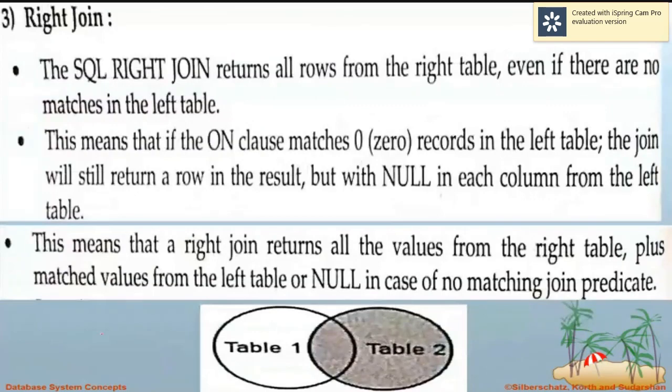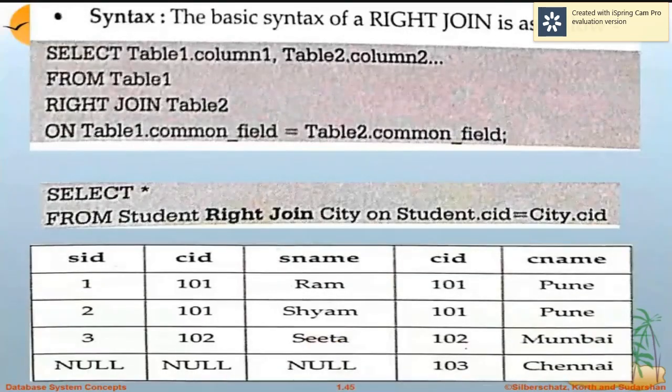Next is the right join condition. Similar to the left join, the right join's output will be the complete table 2 along with the common data of table 1 and 2. The syntax will be something like this: select table name along with the column name, pulling out column 1 data from table 1 and column 2 data from table 2.